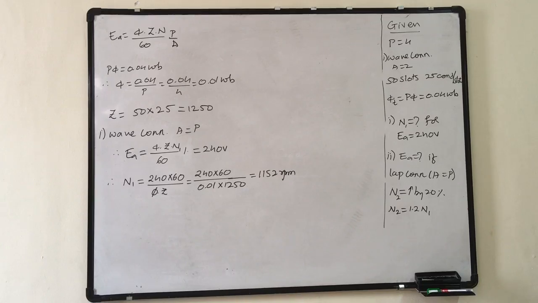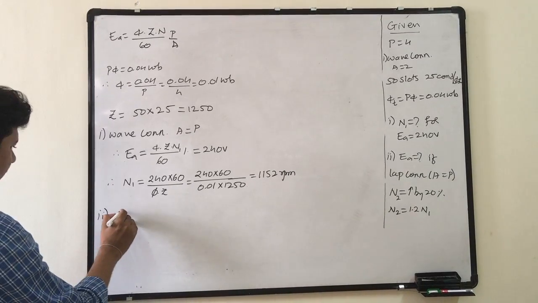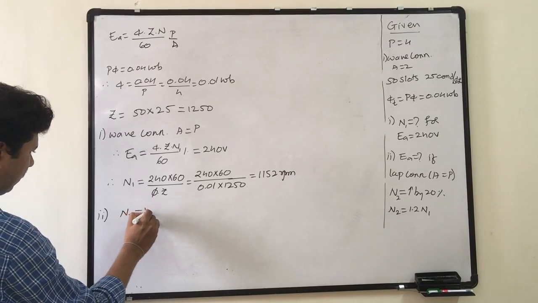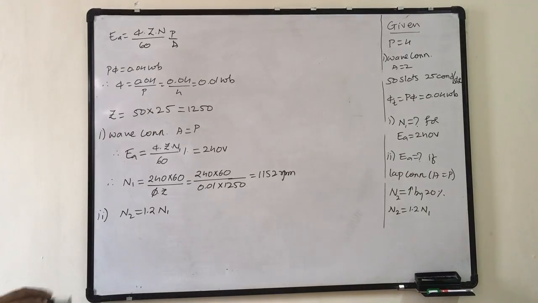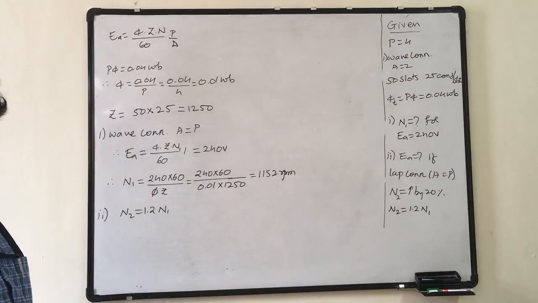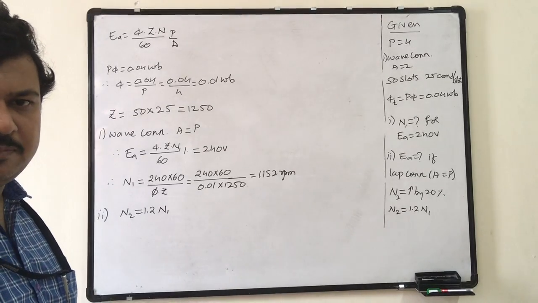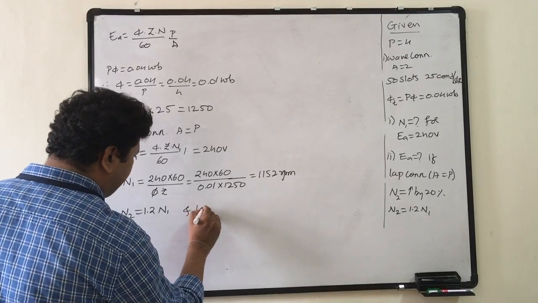N1 is 1152 RPM. Now in the second case, N2 is 1.2 times N1 because the speed is increased by 20%, and lap connected.